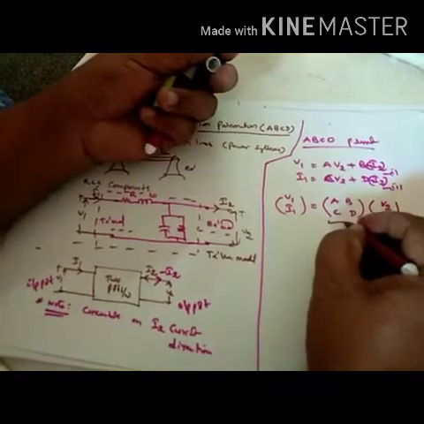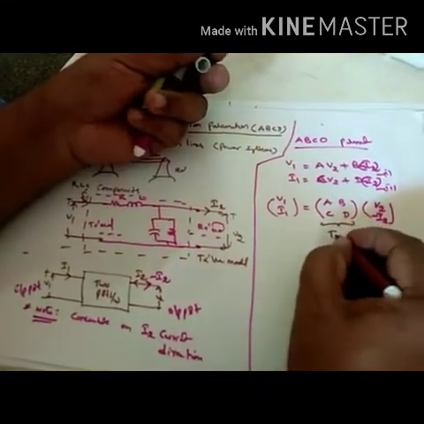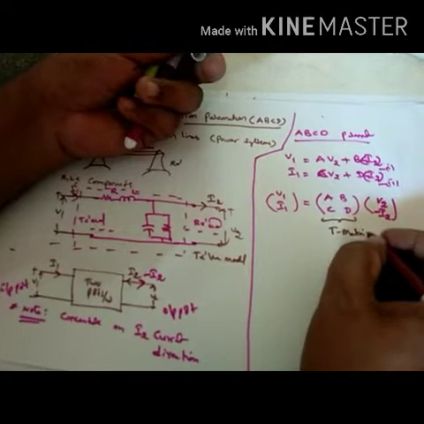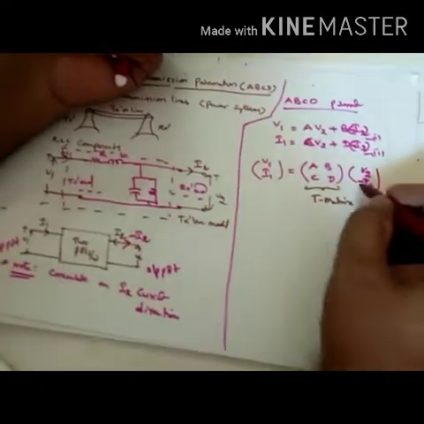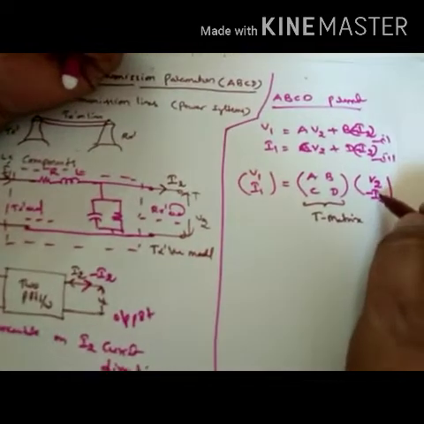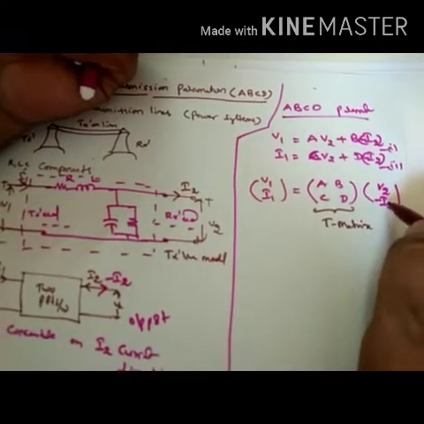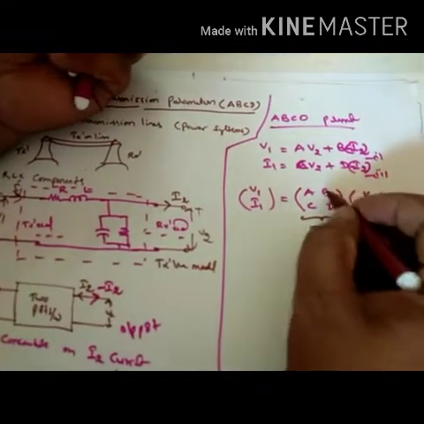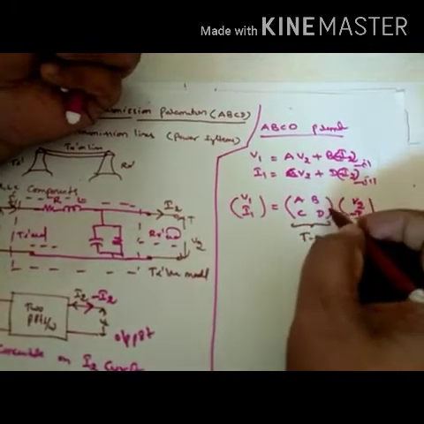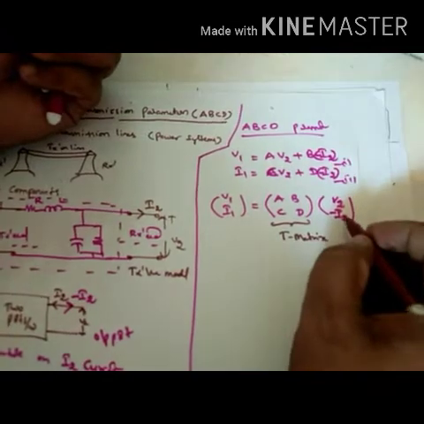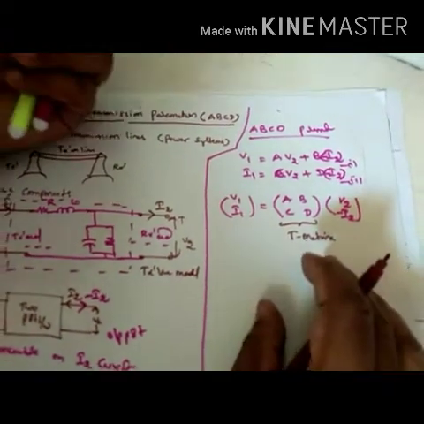This is the T matrix, also known as the transmission line matrix. Here the negative sign is only on the current, minus I2. Don't write minus in B and D. The minus is only for current direction.